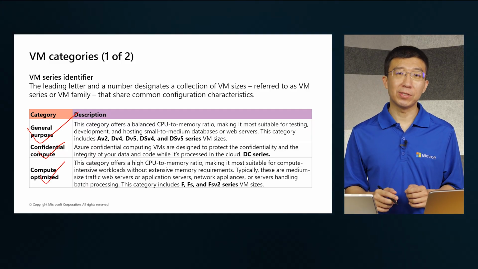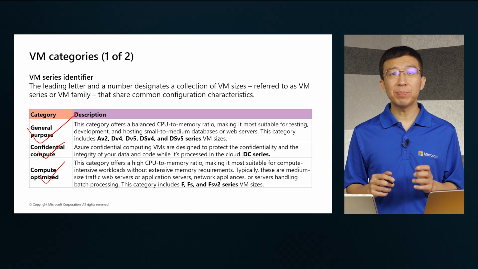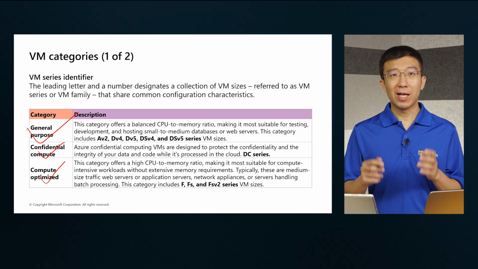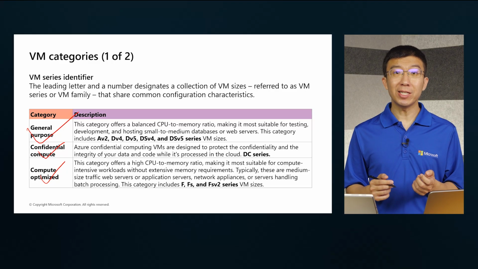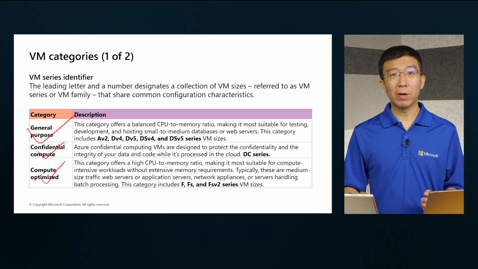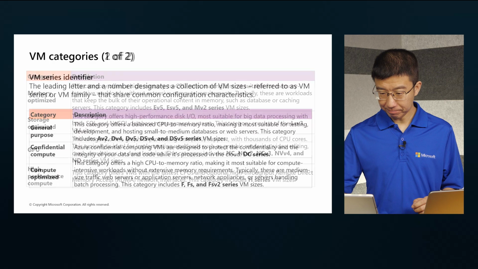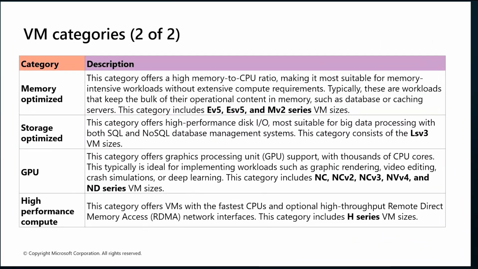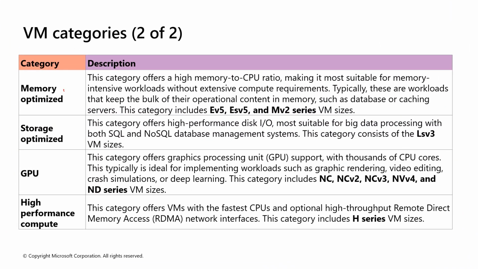Compute optimized offers high CPU to memory ratio, ideal for compute-intensive workloads like web servers or batch processing. Memory optimized, high memory to CPU ratio, perfect for memory-intensive workloads like databases.